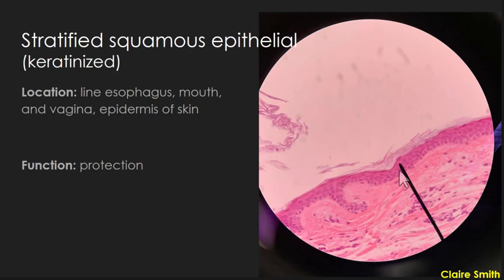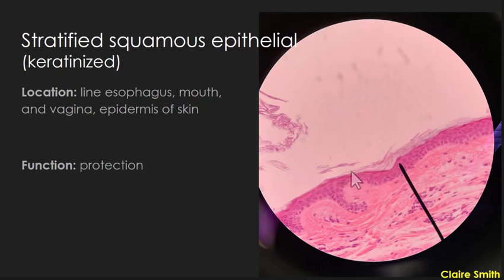And if you think about these locations, your esophagus, mouth, vagina, epidermis, these are all areas that have a lot of abrasion, right? Esophagus, if you're eating different food, or your mouth, you're chewing things that are sharp and hard. You don't want one single layer of cells to protect all the important underlying tissues, right? You want a lot of layers to add more protection, right?